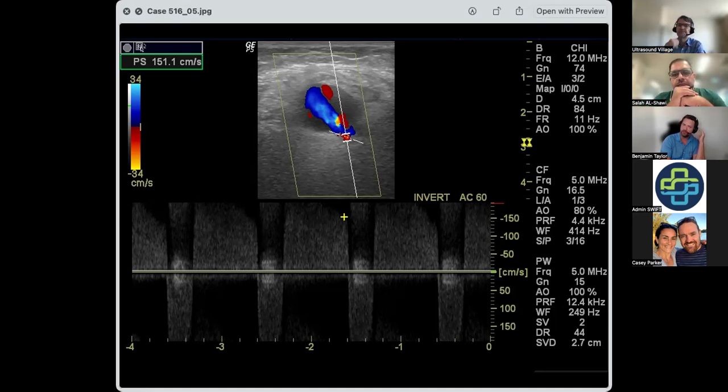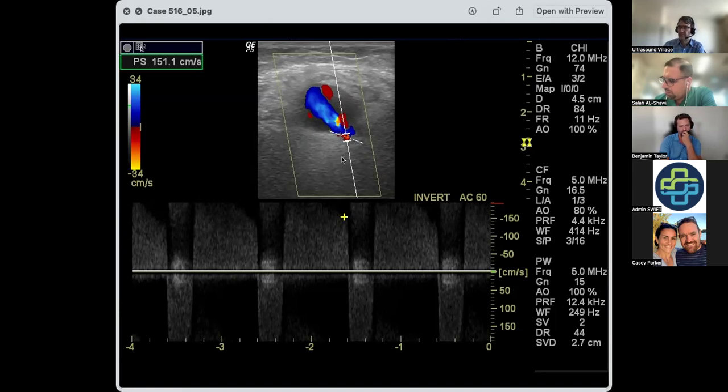If it's previously known, any change in size and how rapidly that's changing, and the size of the defect as well. So we talk about the size of the pseudoaneurysm, but often what's actually more important is the size of this bit, the neck.